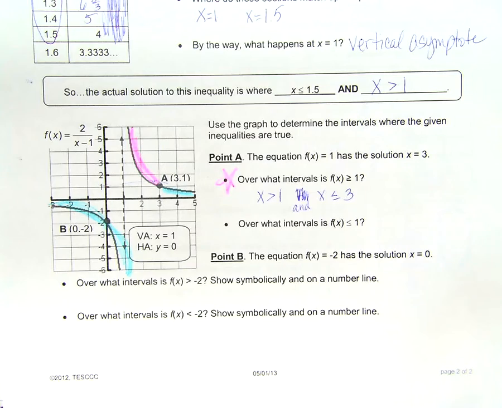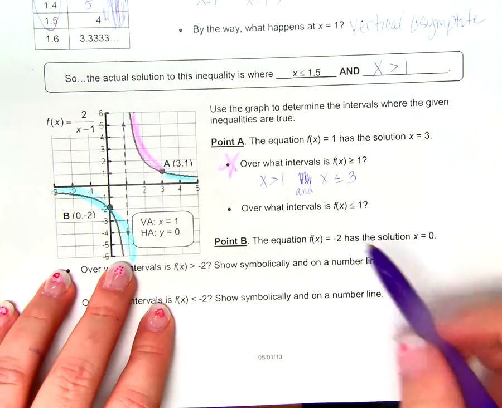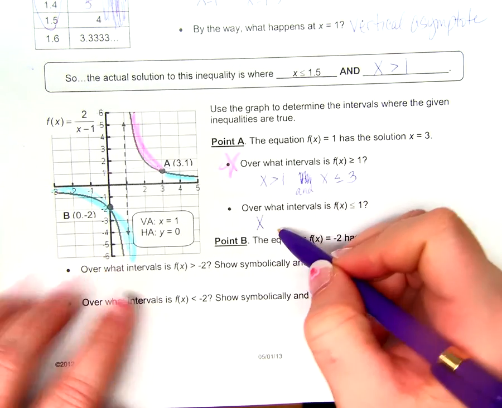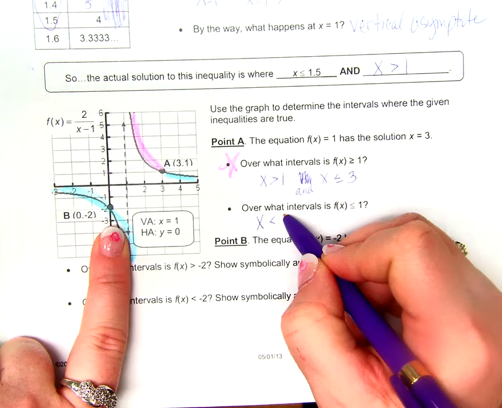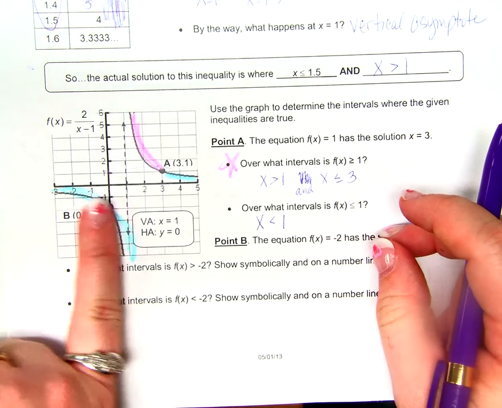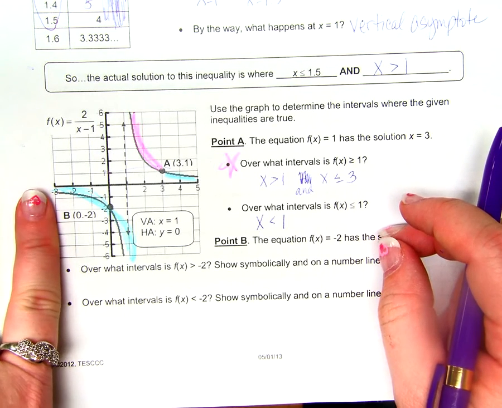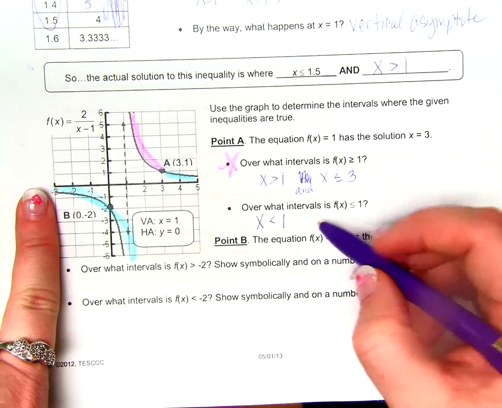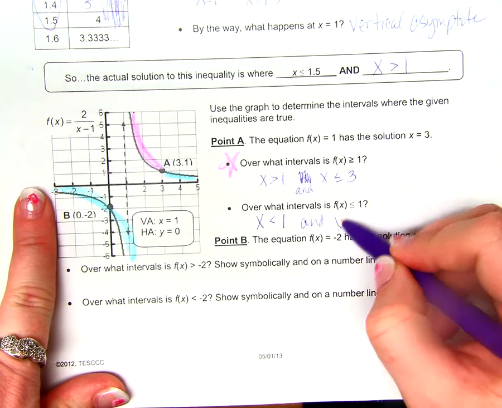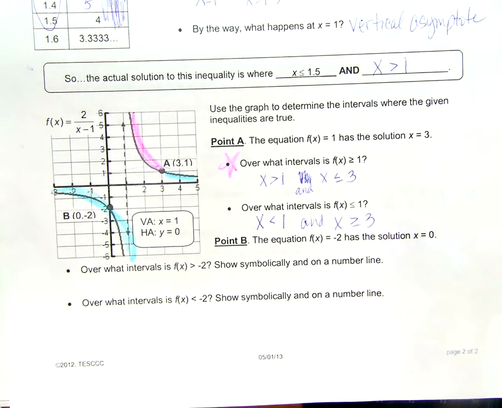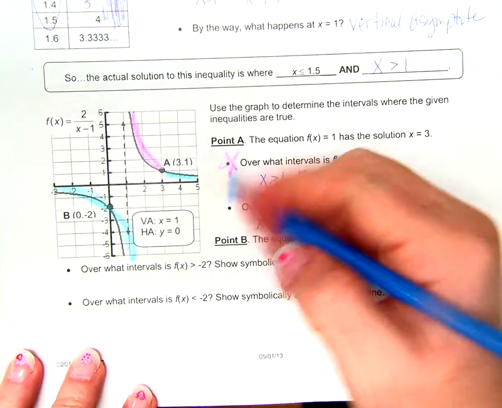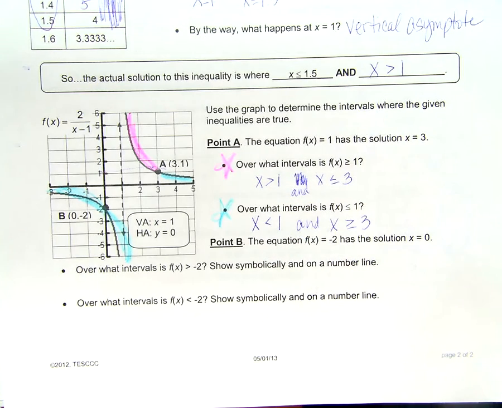So how do I write that? x is less than 1, because it's everything to the left of 1, but also x is greater than or equal to 3. Does that make sense? Yes?